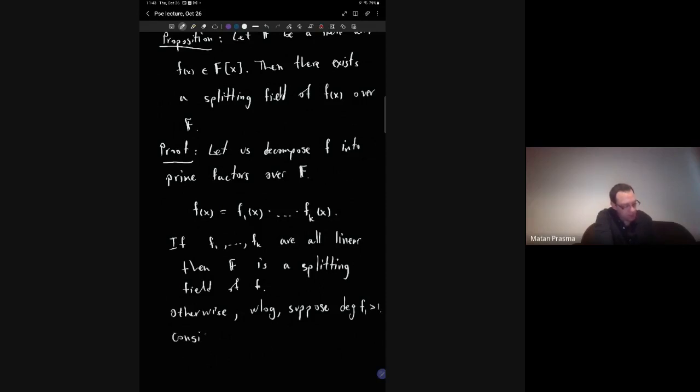Consider K1 to be polynomials over F modulo f1.